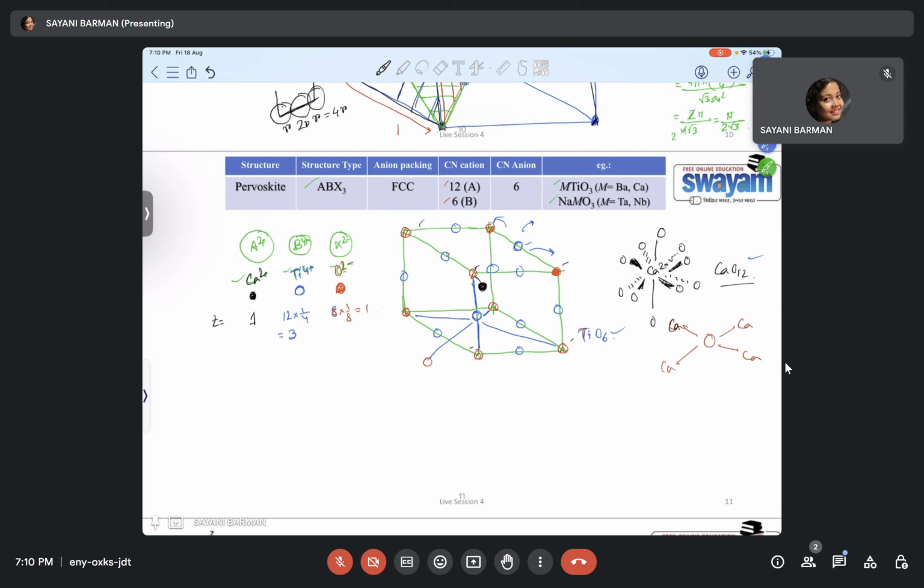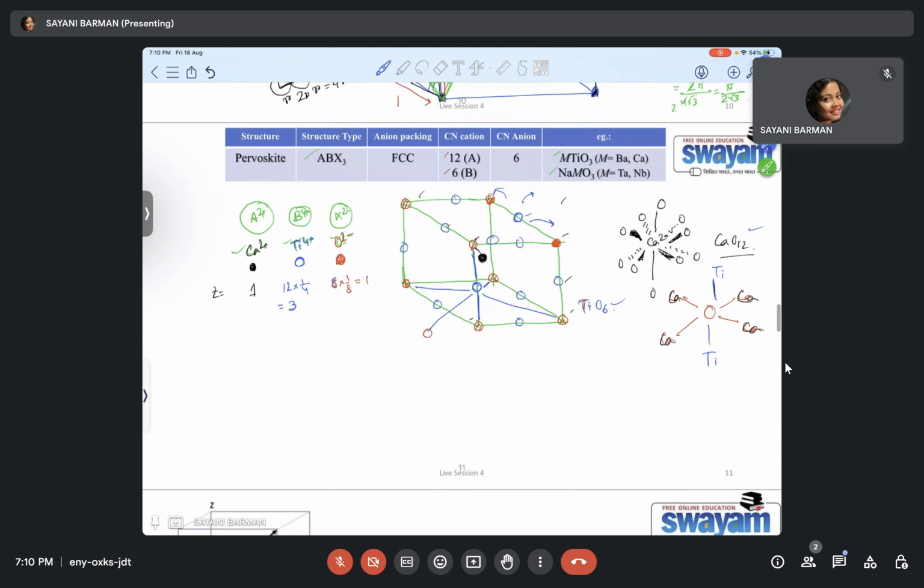Now, how many titaniums are possible? One is this one, and another one will be the above one, right? This is the titanium. So this is octahedral. Now this is a perovskite structure, and you can see.